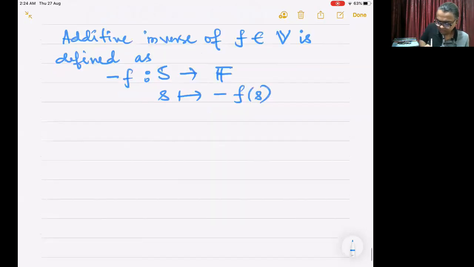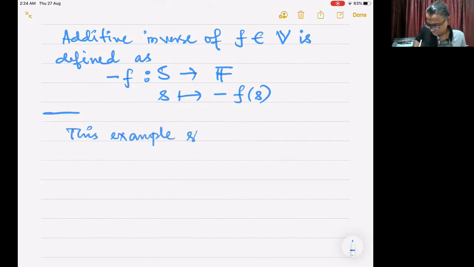This example actually is quite powerful because it shows that both F^n and F^(m cross n), these two vector spaces, are special cases of this.